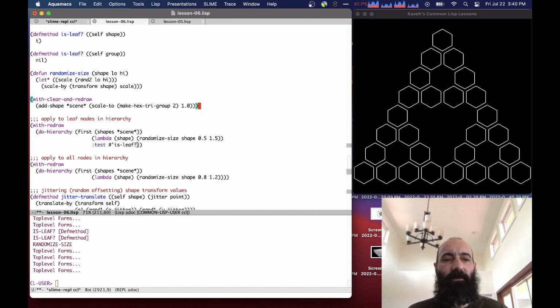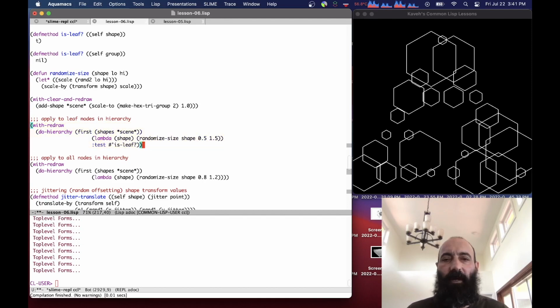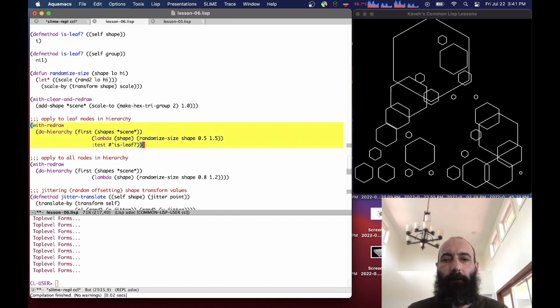So it only applies to leaf nodes. So this will happen for every hexagon shape in here, but not for all the intermediate groups which are in the tree. So if I evaluate this, you can see each of the hexagons changes shape, changes size, but it doesn't actually move. If you look, you'll see they stay centered at the same spot, even though their sizes change.